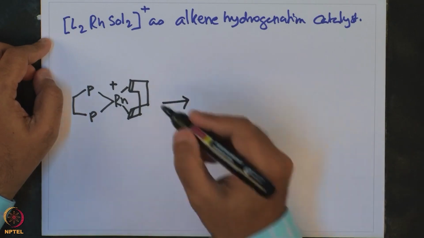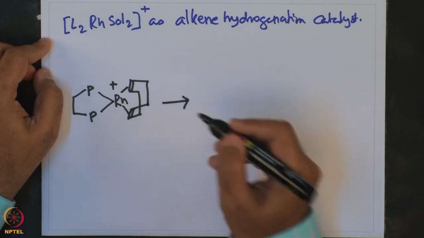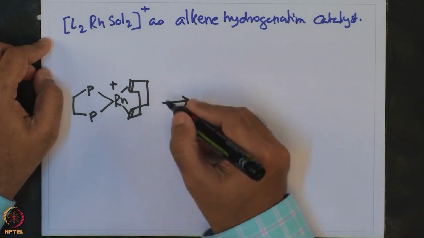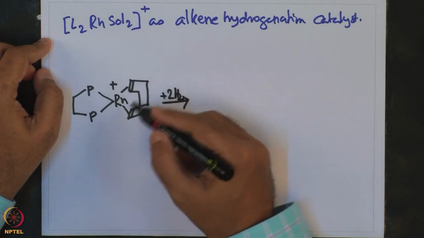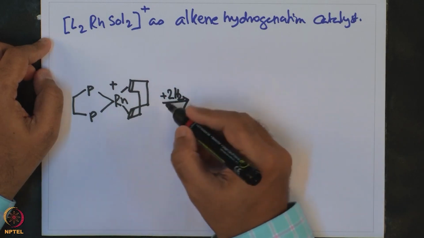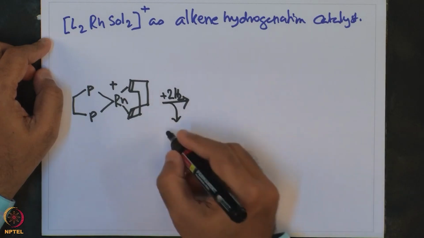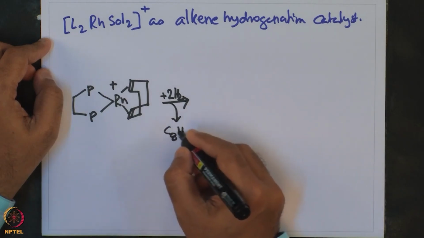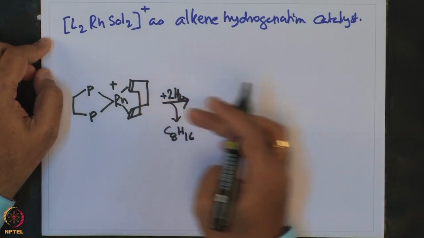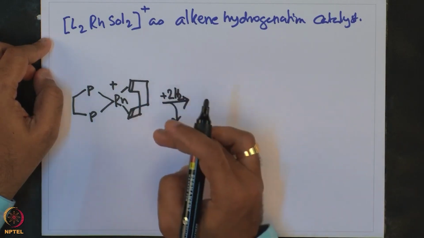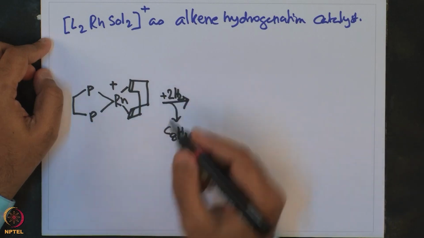This, in the presence of 2 hydrogens, hydrogenates the diolefin to give cyclooctane, which is C8H16. So, the hydrogenation occurs and then the cyclooctane does not coordinate with rhodium, leaving solvents to go and bind to the rhodium.